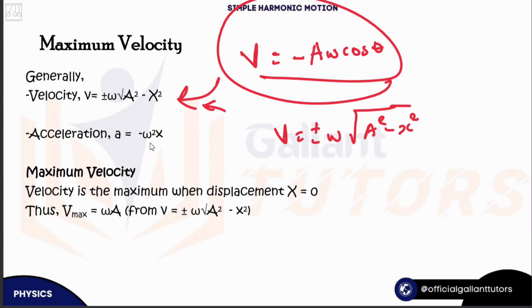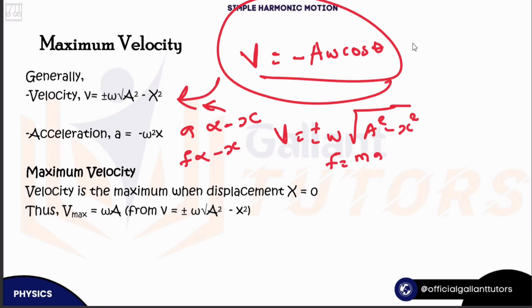Now you have to notice something. When I started this video, I said it's directly proportional to x, but not just x, it's directly proportional to minus x. Why is it minus x? Remember that F is directly proportional to minus x, which I explained a couple of slides back. And we know that F, according to Newton's law of motion, is equal to ma.